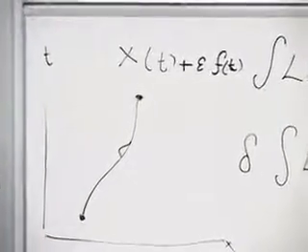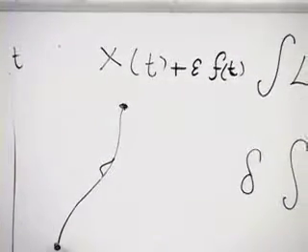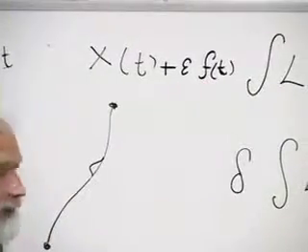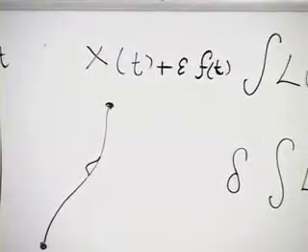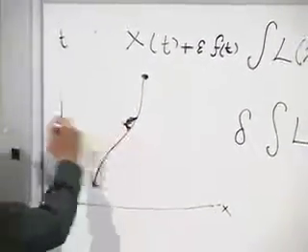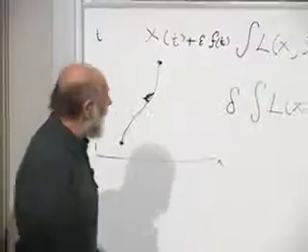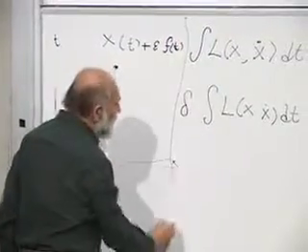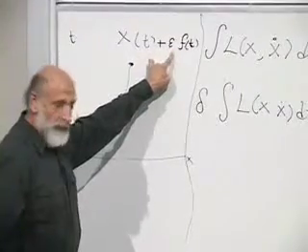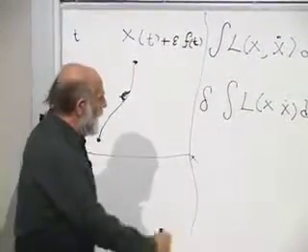What are the variables in this problem that we're minimizing with respect to? We're minimizing with respect to all these variables f of t1, f of t2, in fact, f all along here. This little bump here represents f. Right? So the question then is, how does the action change when we change x a little bit? All right, that's easy to work out.